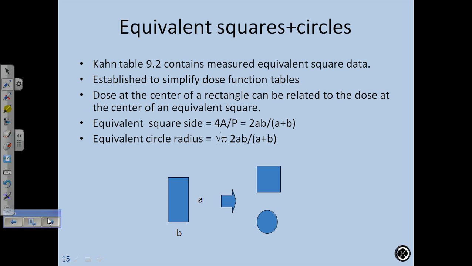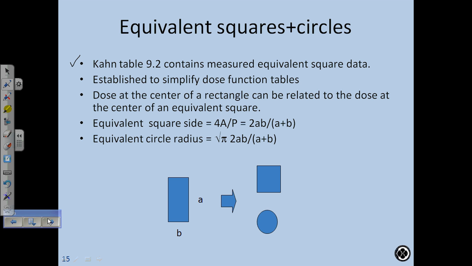So, equivalent squares. We need to go from a rectangle, which we treat our patients with, to a square, because that's what our data and tables give us. Khan table 9.2 contains measured equivalent square data. What does measured mean? At some point somebody set up a rectangular field on the linear accelerator, put the chamber in the middle of the field, and measured the dose rate.